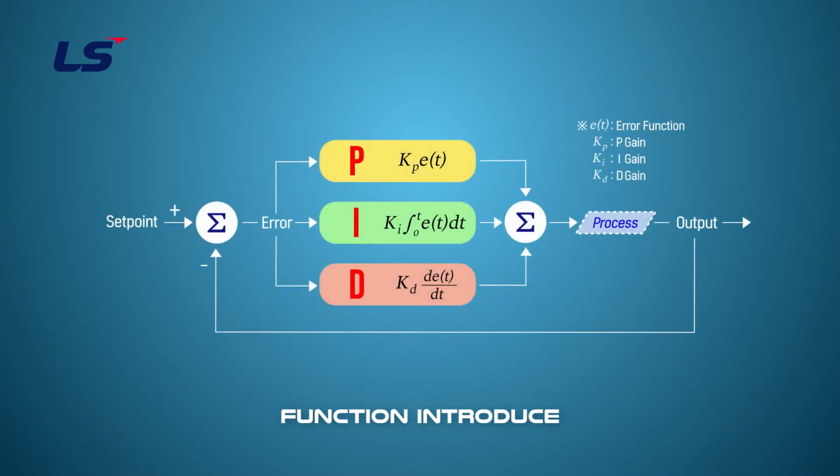Next, let's look at the integral gain. The integral gain outputs the manipulated variable by integrating the deviation. Since the deviation is not completely eliminated by proportional control alone, the integral factor is used to eliminate the steady state offset.